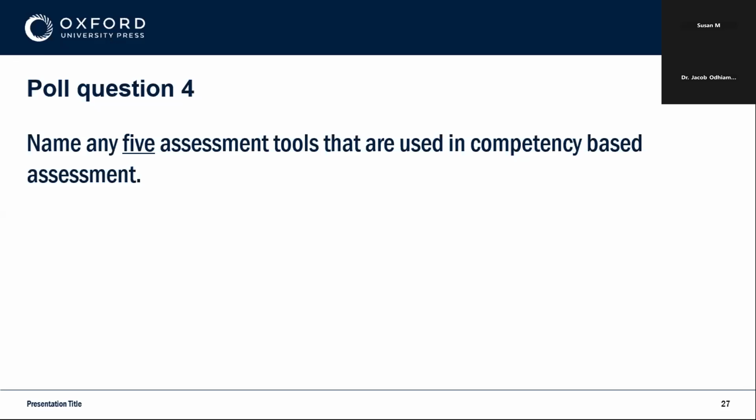So we have a whole assortment here, Daktari. On the chat, I've captured rating scales, rubrics, portfolio, checklist, and observation. That's quite good.